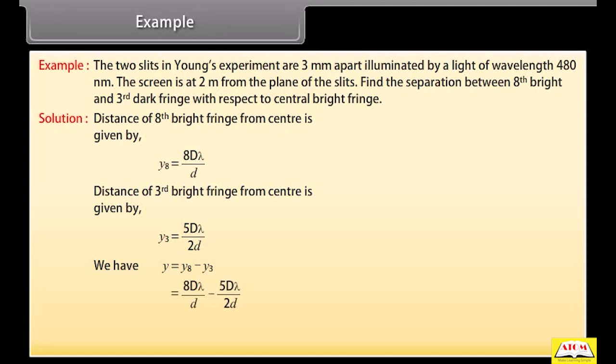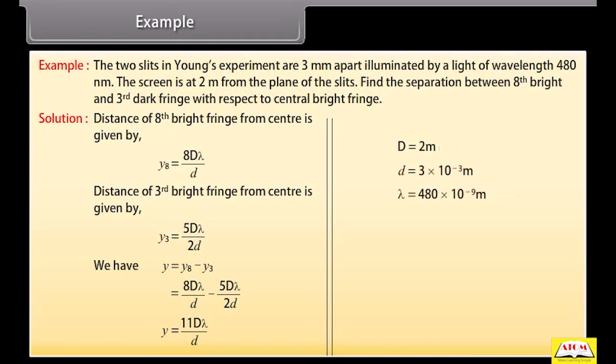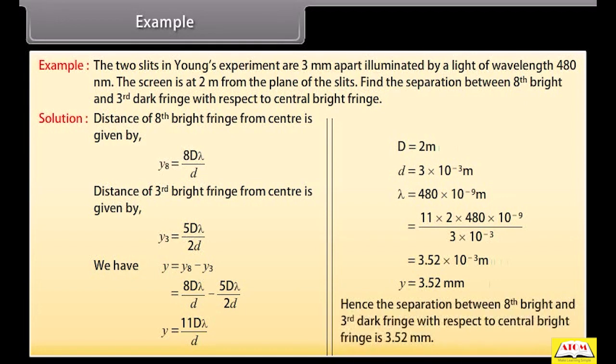By putting the values and calculating, we get y is equal to 11 capital D lambda upon 2 small d. Putting the values in the above equation and calculating, we get the value of y as 3.52 millimeter. Hence, the separation between the 8th bright and 3rd dark fringe with respect to the central bright fringe is 3.52 millimeter.